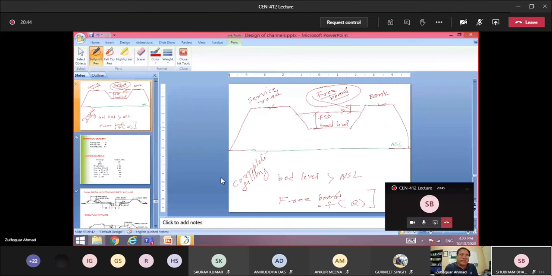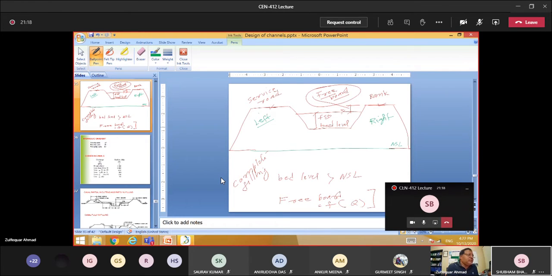Then coming next, right? See, let us say this one is a right bank, okay. And this one is the left bank, and the left bank is having the service road, okay. Now on the right bank, since no vehicle is moving, you do not have to provide anything near this point from the safety consideration.